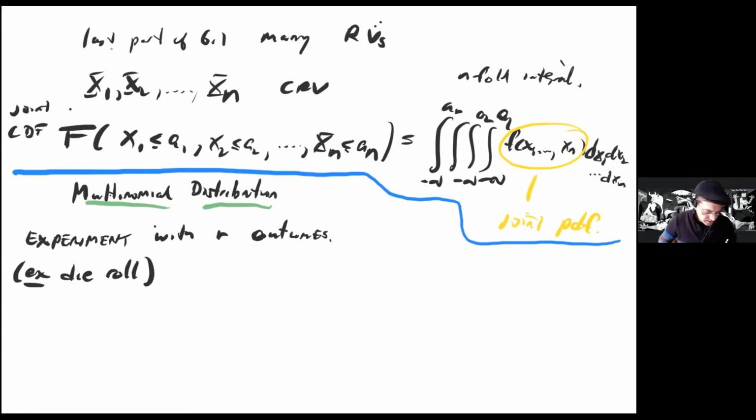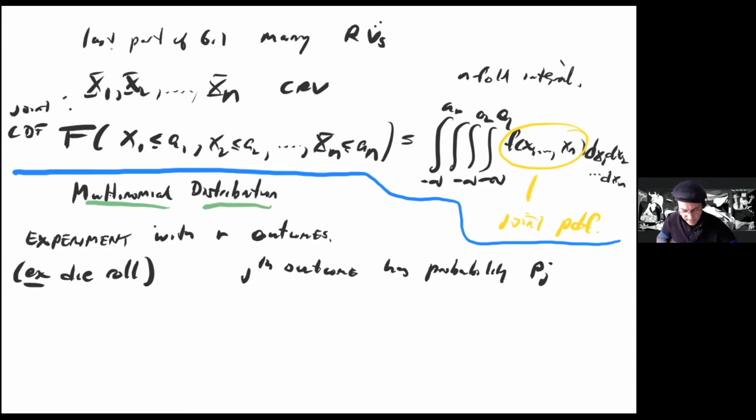Okay, so then what we do is we have R outcomes, and the jth outcome has probability p sub j. Since there are a total of R outcomes, the sum of p sub j, j from 1 to R, is equal to 1.